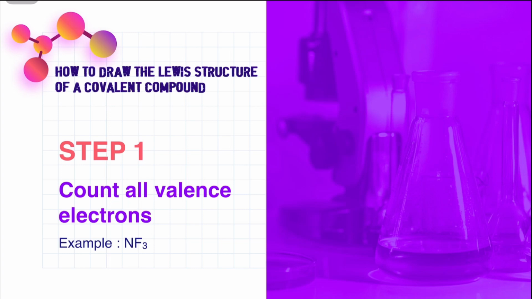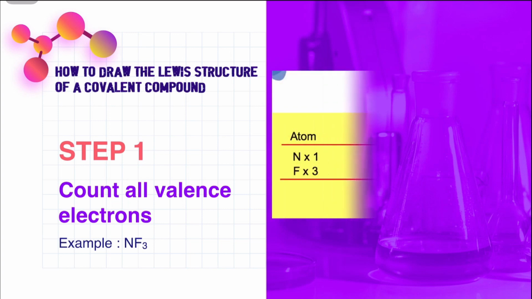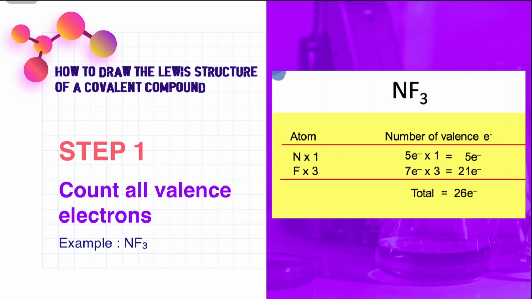Let's see step 1, which is you have to count all valence electrons. For the example, I'm using NF3. This is how you calculate the total number of valence electrons in NF3. In a molecule of NF3, there is only one nitrogen, and the valence electron of nitrogen is 5.